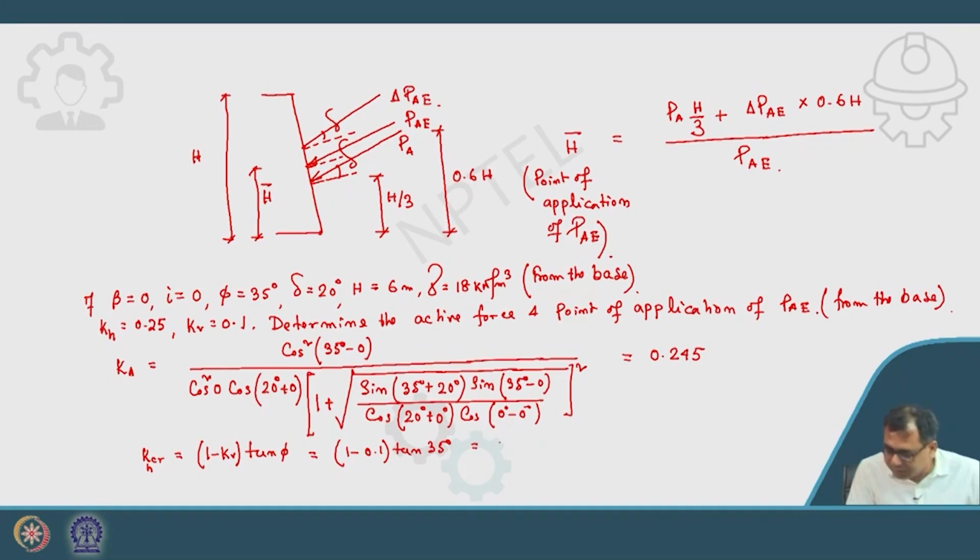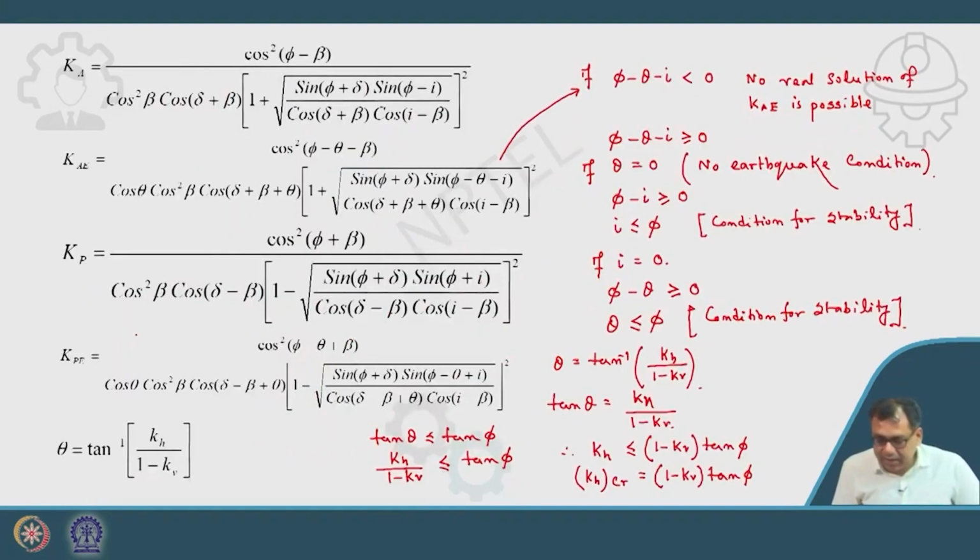So that value is equal to 0.63, which is greater than 0.25. So it is okay. So that means the solution is possible and it is a stable slope. Sorry, K critical is 0.63, we have taken a KH value of 0.25.